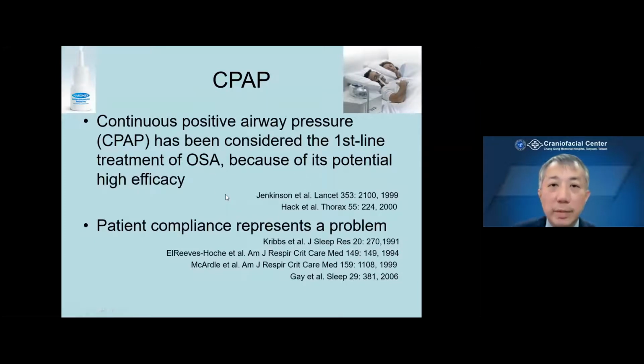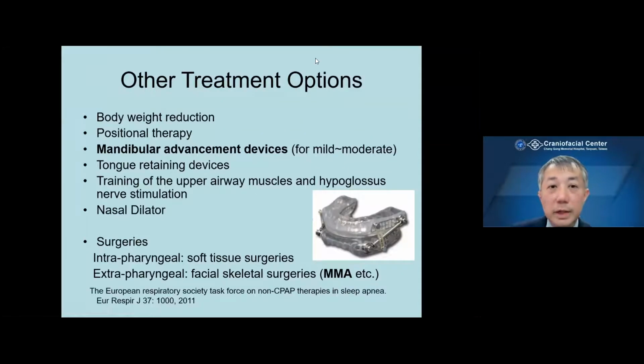When the patient comes into adult age, usually CPAP can be considered as the first-line treatment, but the compliance and acceptance are relatively low. So there are other treatment options, such as mandibular advancement devices or surgery.